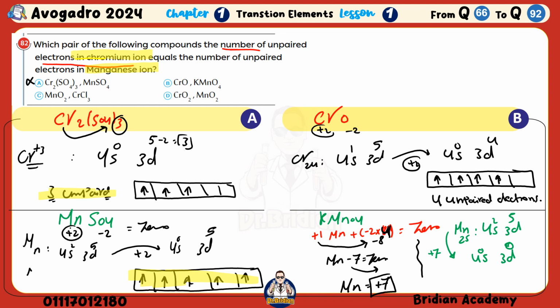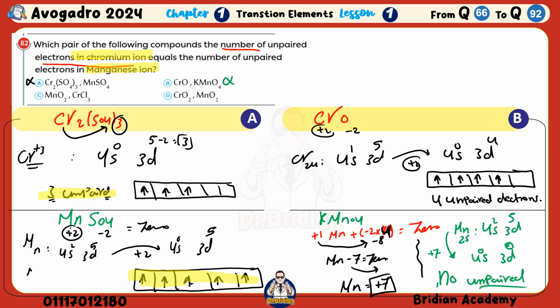It will be 4s0 and 3d0, and that means it has no unpaired electron. So the first compound has 4 unpaired electrons and the second has no unpaired electron, so they are not equal to each other. So choice number B will be wrong.